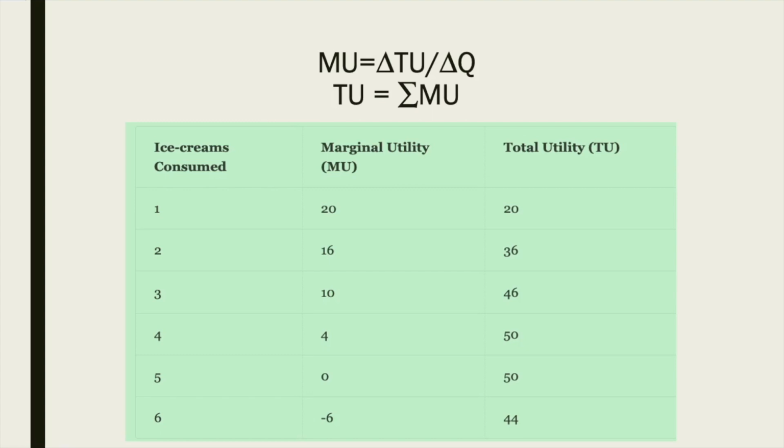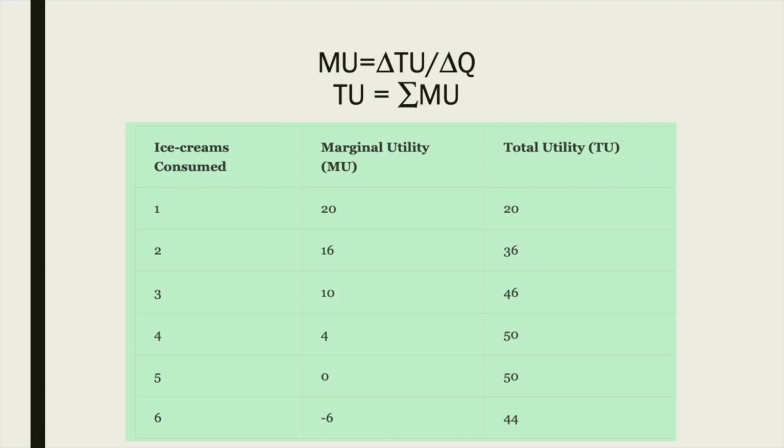I'll explain this further. The marginal utility of the second unit of ice cream consumed is the total utility of the second unit of ice cream minus the total utility of the first unit of ice cream. That is, the marginal utility just describes the addition of utility from consuming one more unit of ice cream.